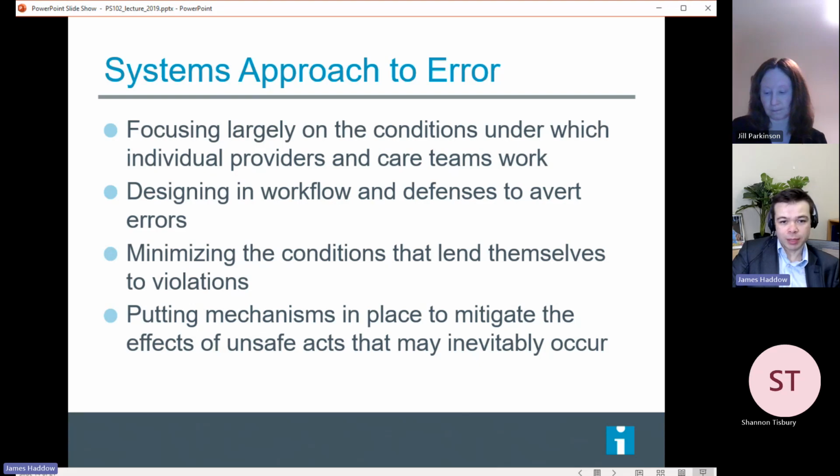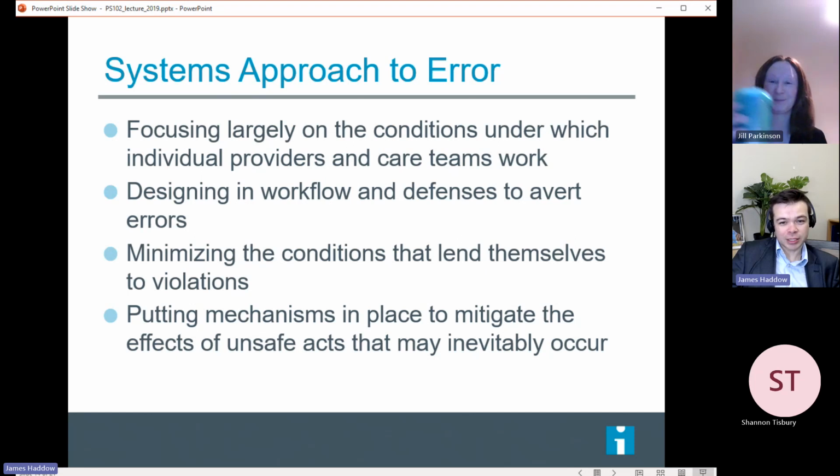So, for example, minimizing conditions that lend themselves to violations, for the hand washing example, we could have a system where when you exit a bed space, the door will only unlock once the camera has seen you wash your hands for 20 seconds. That would definitely prevent hand washing not being done.